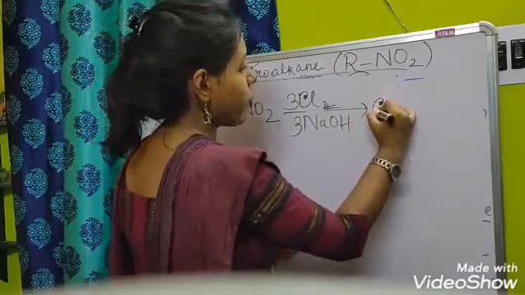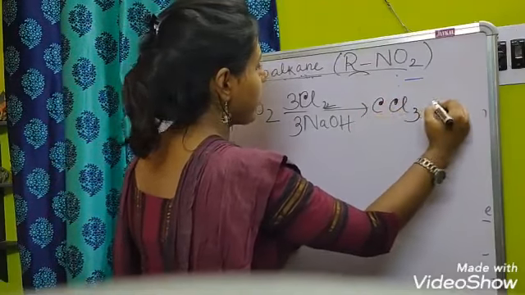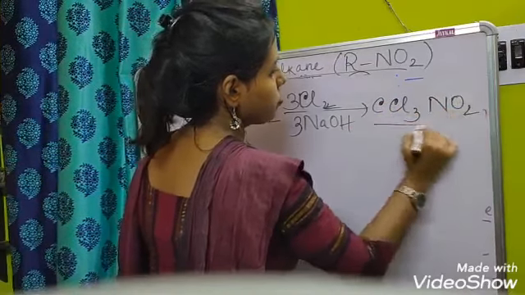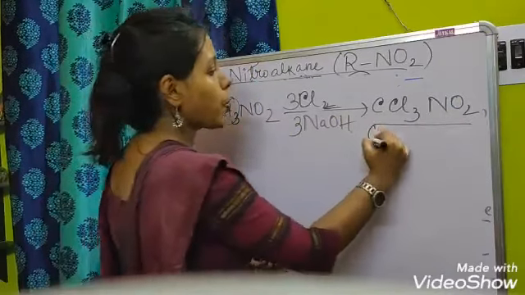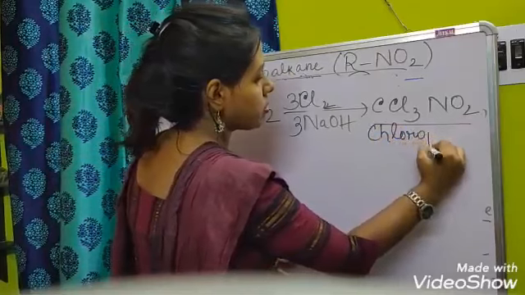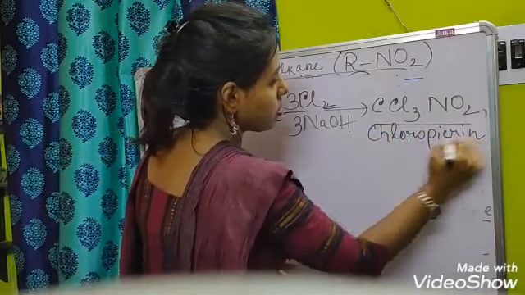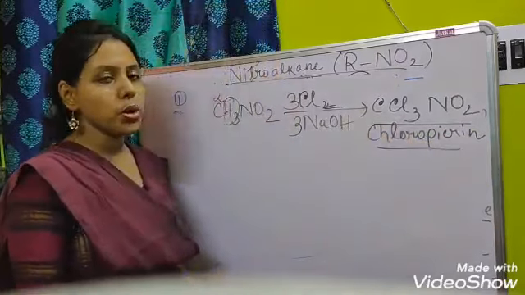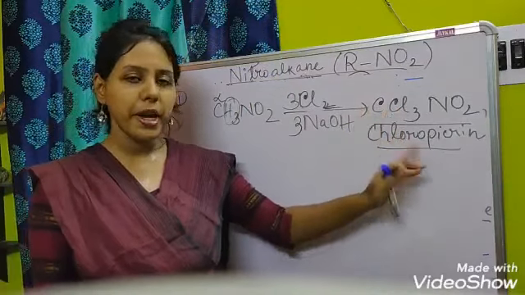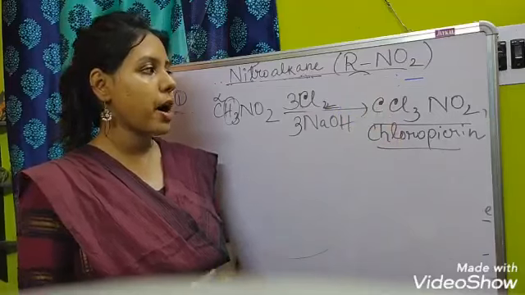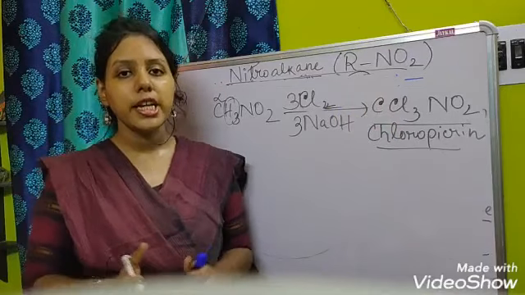So there will be formation of CCl3NO2. This compound has a name, that is chloropicrin or trichloronitromethane. Okay, trichloronitromethane or chloropicrin. This compound is also known as tear gas.